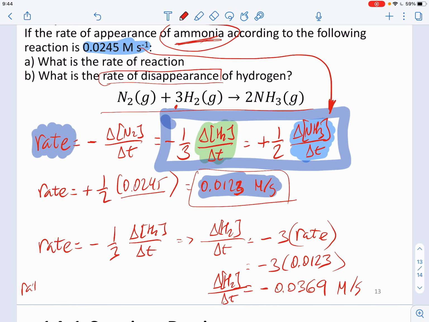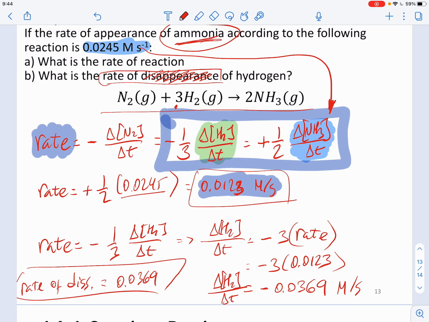But the rate of disappearance is equal to 0.0369. Okay, difference here, if we were saying what is the rate of hydrogen, we are not referring to a disappearance or not, then you report minus 0.0369. That implies that this is the disappearance because it's negative.